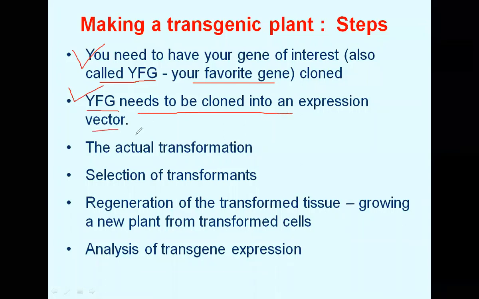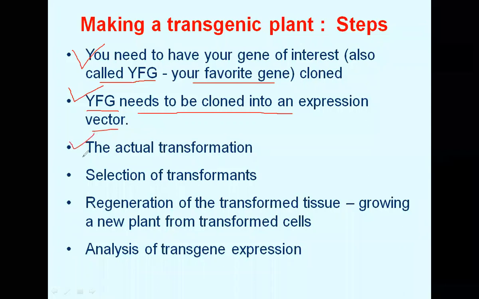So it has to be inserted into a suitable plasmid vector. And please remember that you need to ensure that not only is this gene getting transferred to the plant cell, but it should be able to express there. It should be transcribed, and for this you need a strong promoter. So you are putting it in an expression vector, making sure that the gene of interest, when it gets into the plant cell, gets suitably expressed.